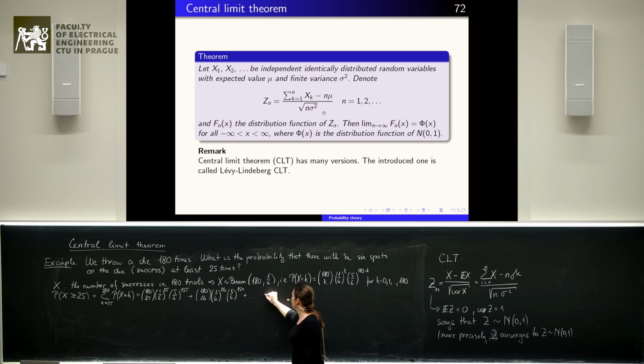In a better case, we can calculate it as 1 minus the probability of the complementary event.